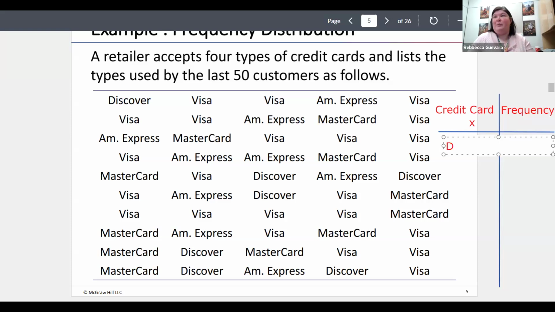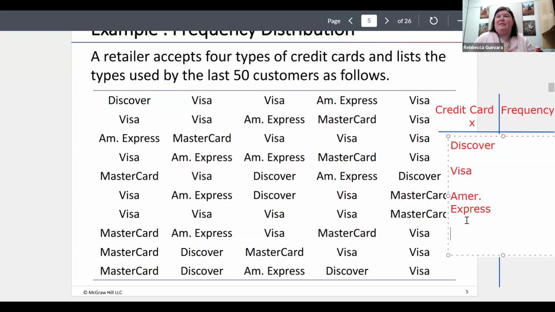Looking at the credit cards, you see that some people have a Discover card. Some people have a Visa. We have American Express. MasterCard, so I'll just say MC for MasterCard. So there are 4 types of cards.